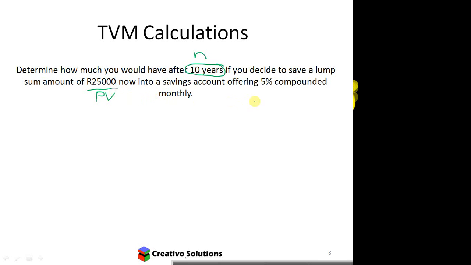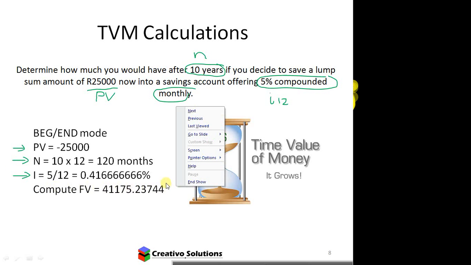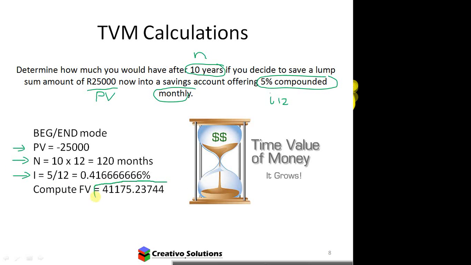What else? Your I, which is 5% over 12. Yes, it's compounded monthly. So this is your I over 12. Alright, so now you've got everything. There's the PV, there's the N, there's the I. On your calculator, see if you can get that figure.